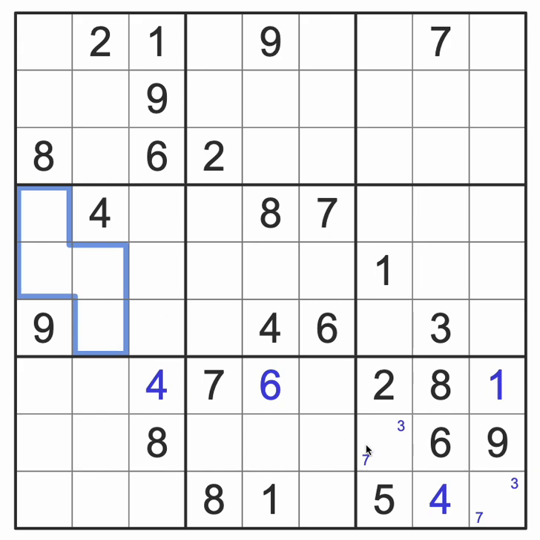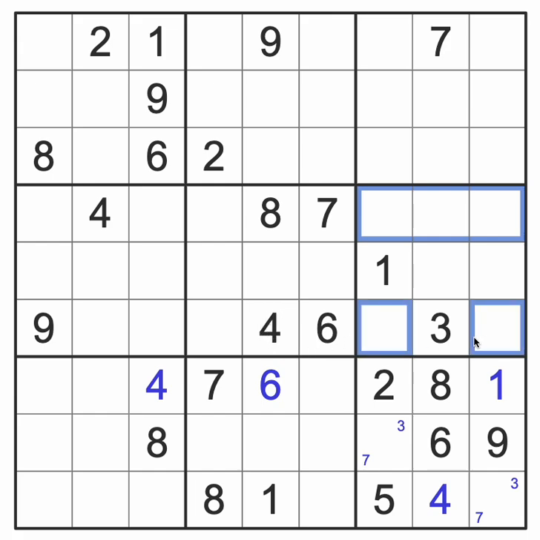Okay, so what am I looking at now? Yeah, now I can place 4 in box 6 because this 4 blocks here, this 4 blocks here, this 4 blocks here, gives me 4 here.